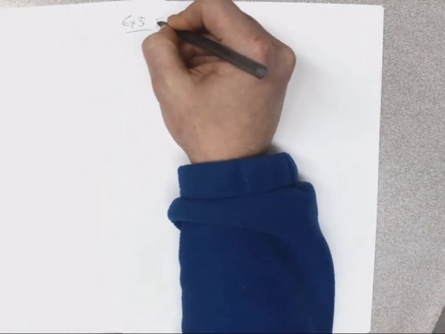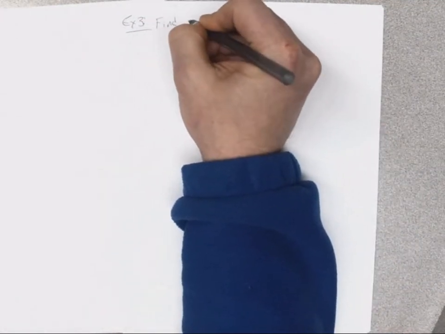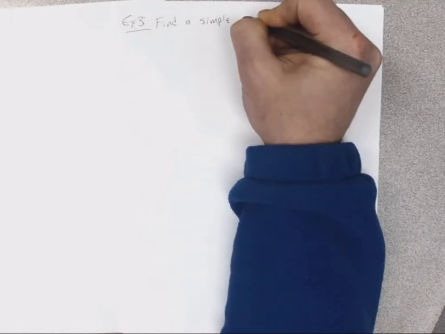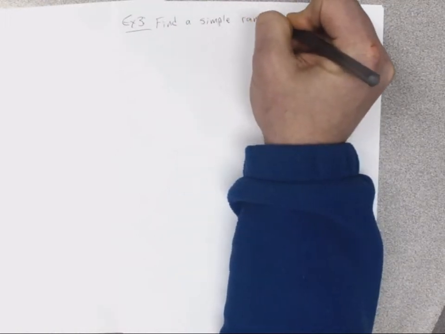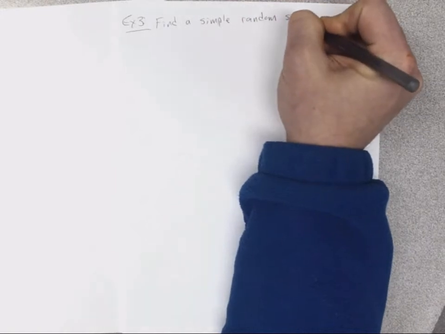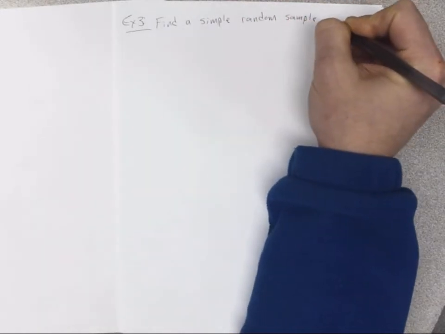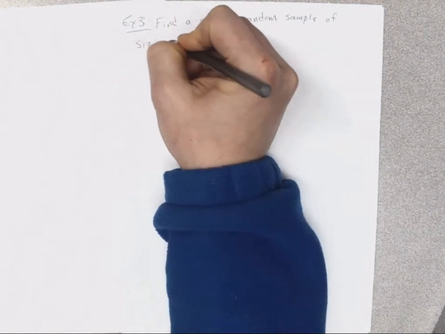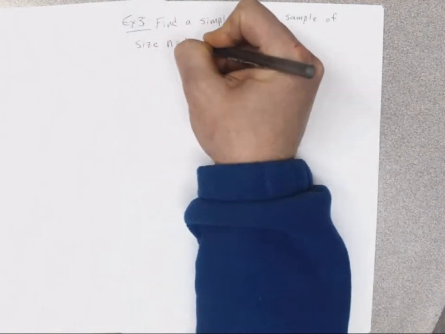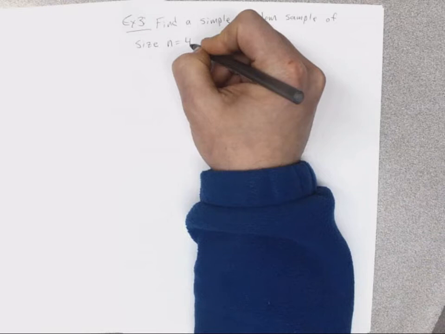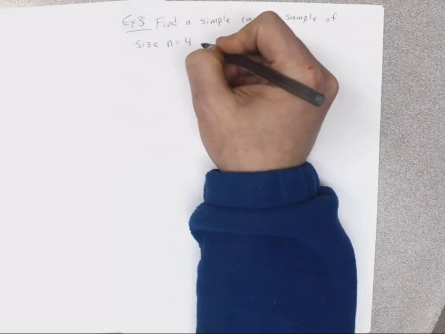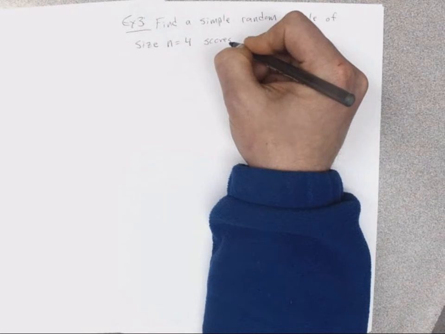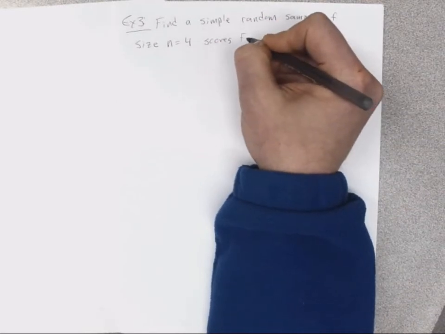And we'll say find a simple random sample of size little n equals 4 of 4 scores from exam 1.